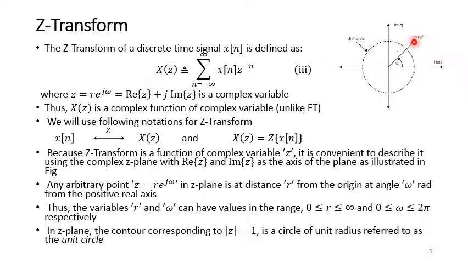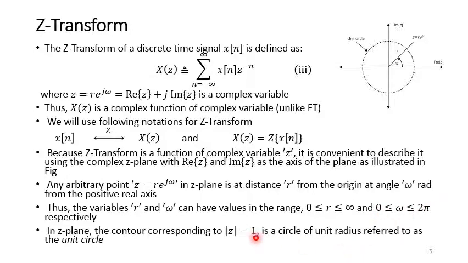That's the distance r from the origin, at an angle ω. Here the two variables are r and ω. r can have values between 0 and infinity, and similarly the ω variable can have values between 0 and 2π.